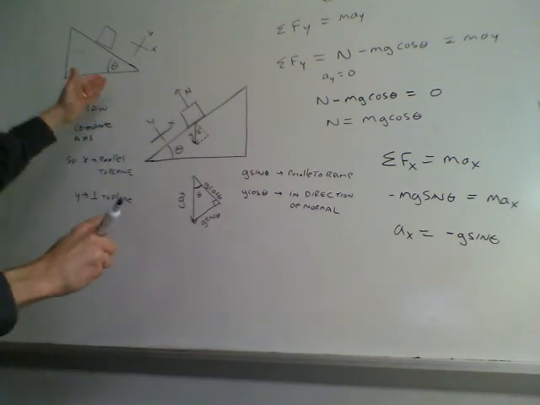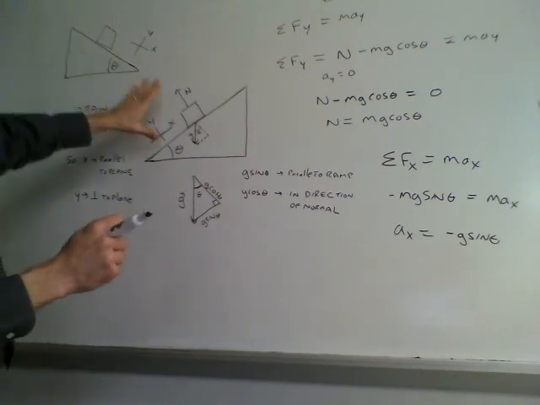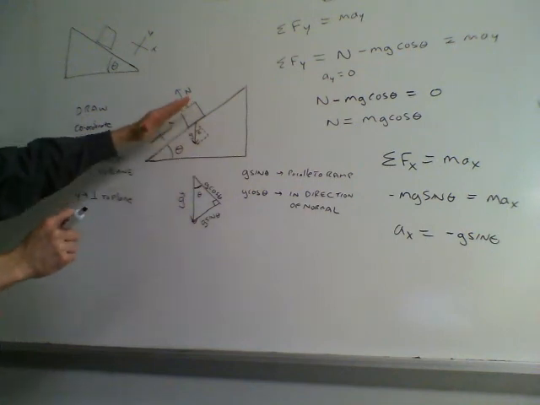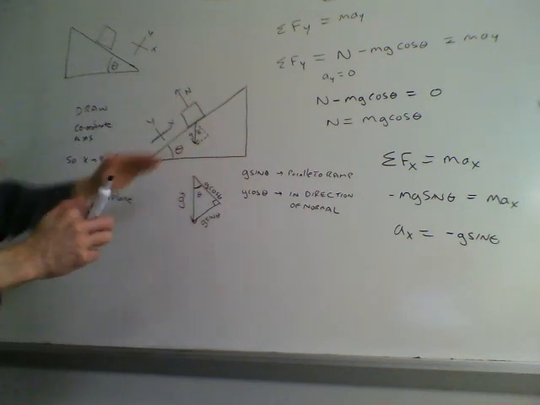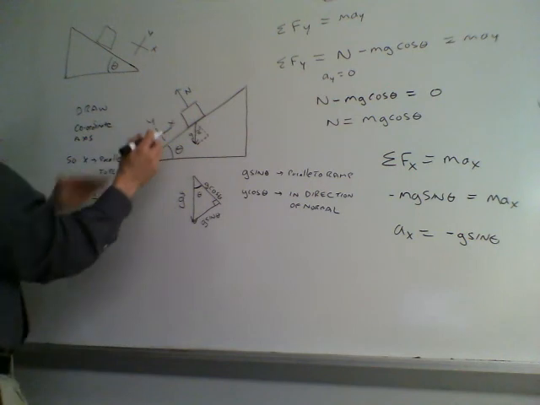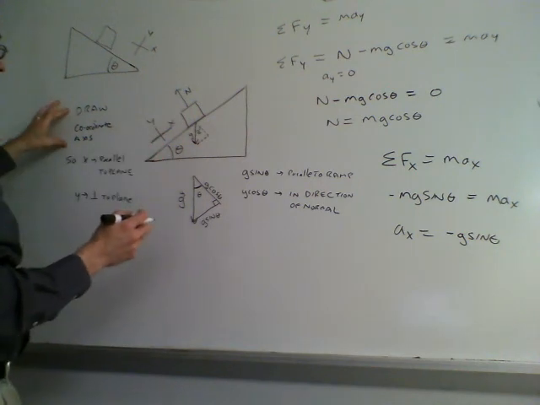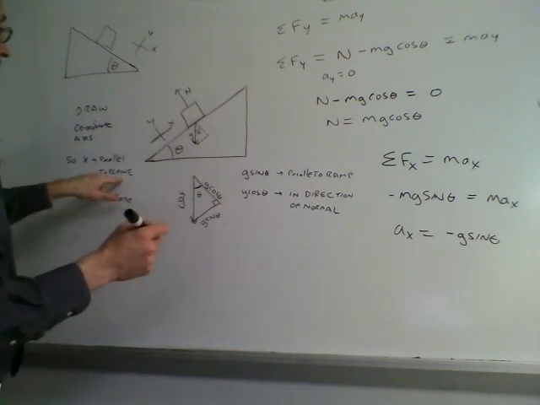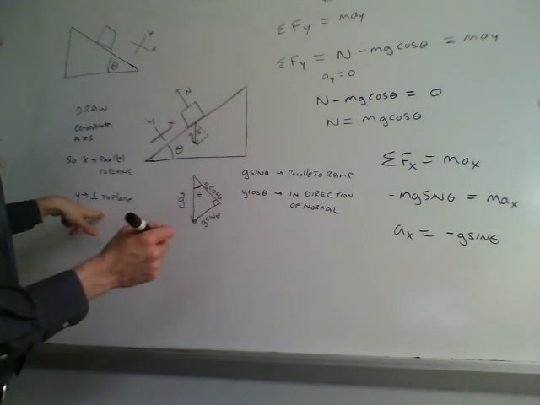So it turns out that we can now work problems on an inclined plane. What we do is make sure that we rotate our axis, drawing our coordinate axis so x is parallel to the plane and y is perpendicular.